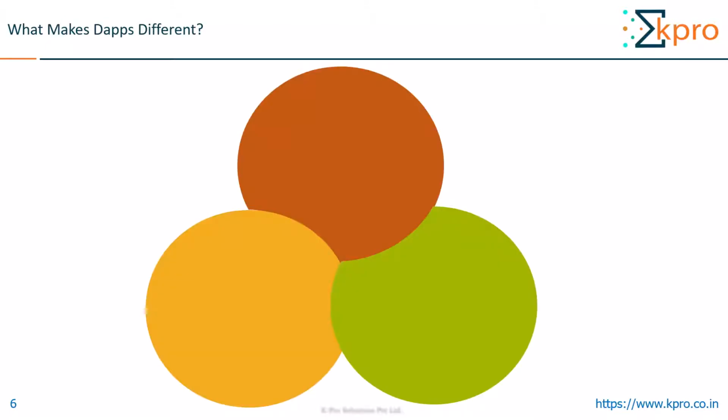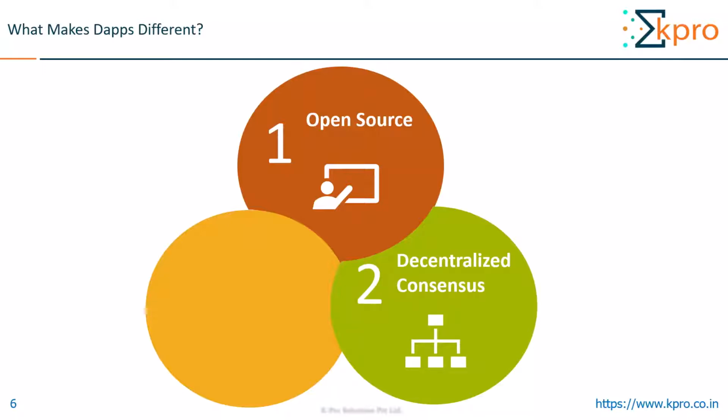Next, let us see what makes these decentralized applications different from the normal applications. The first one is open source. Here all the participants can keep track of all the happenings. They are governed through autonomy and change is decided through consensus. The code base of decentralized applications is available for scrutiny. The next one is decentralized consensus.